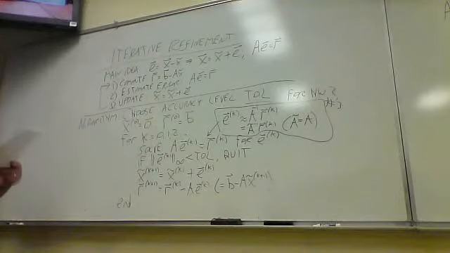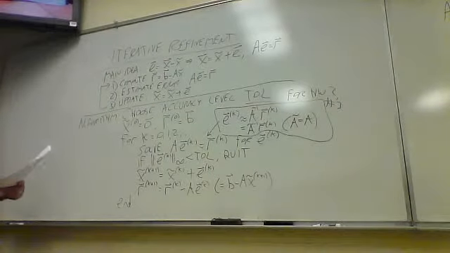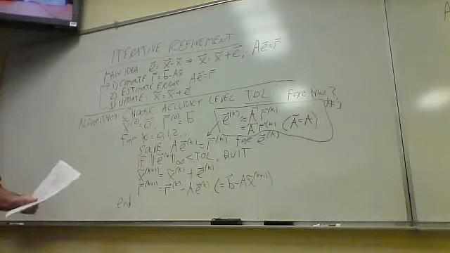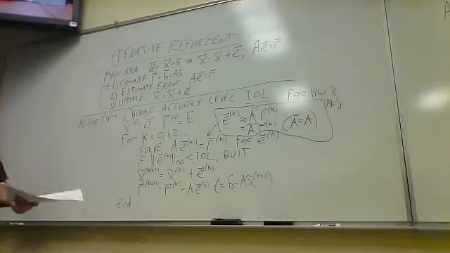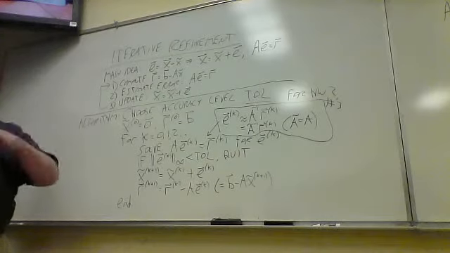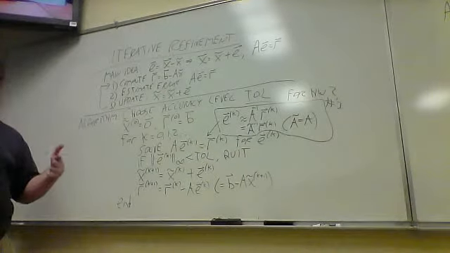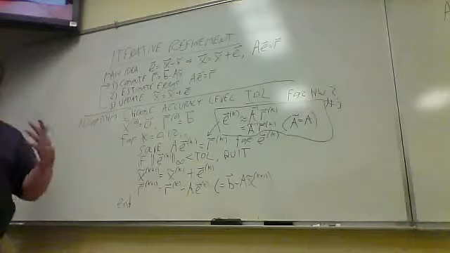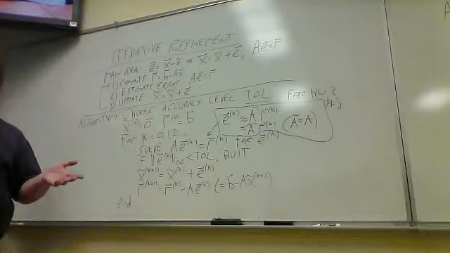Now, the last thing I want to point out about this iterative refinement algorithm is, does this really work? Because it seems kind of strange that when you're solving Ax equals b using Gaussian elimination and forward-back substitution, you're using whatever arithmetic is available to you.